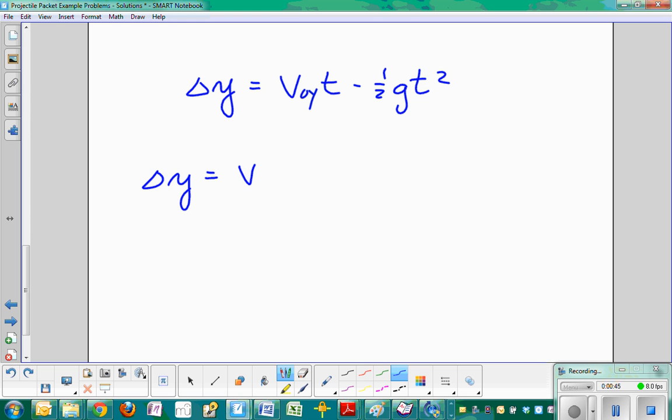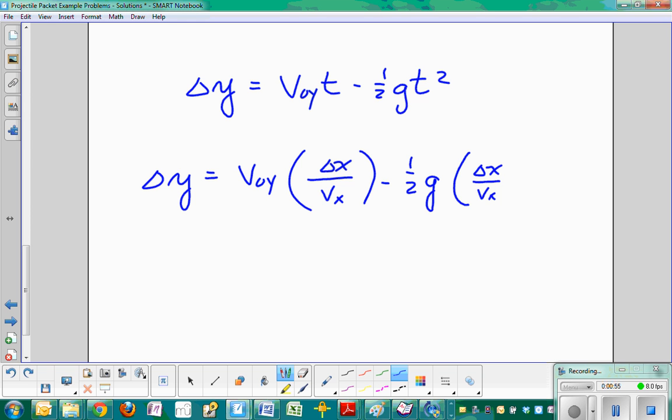We'll say that's v naught y times delta x over vx minus 1/2 g times delta x over vx squared, right? That's just substituting delta x over vx for these two t's. Okay, that's just for t.